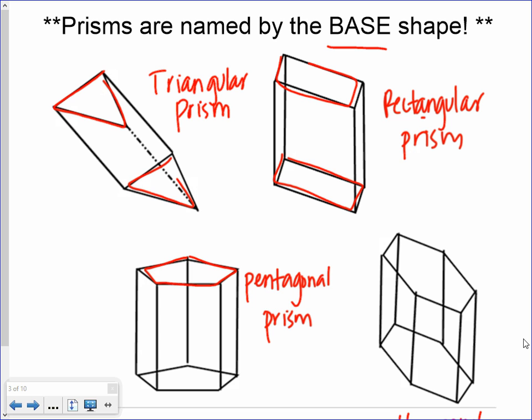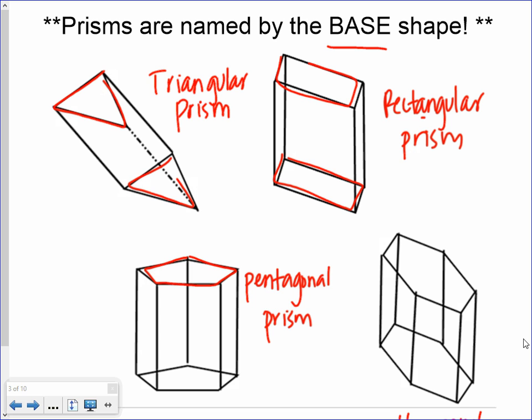I always refer to it like wrapping a gift. If I were to wrap this cereal box looking thing, the wrapping paper would take up the surface area. That's why on a lot of wrapping paper nowadays, you see little squares on the back, because they're calculating the area of how much wrapping paper you need. So think of surface area as a wrapping all around the outside of your figure.